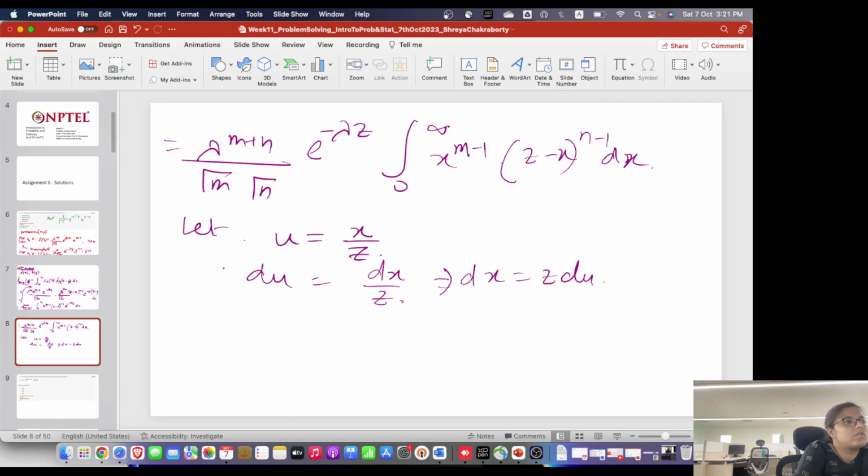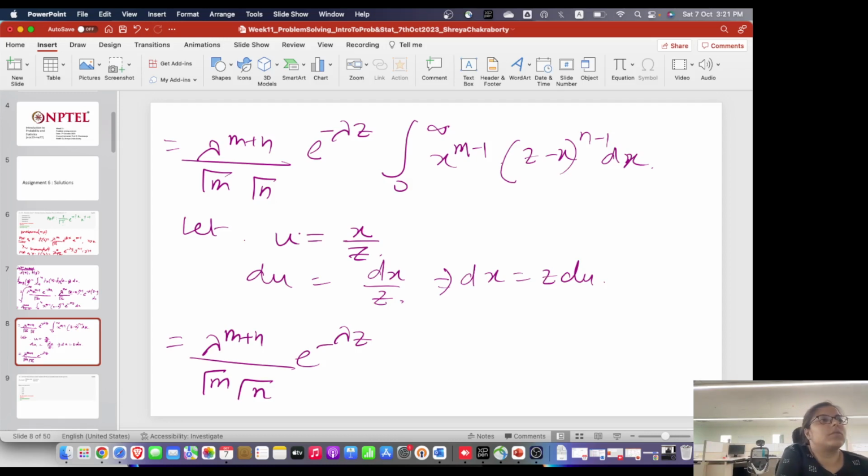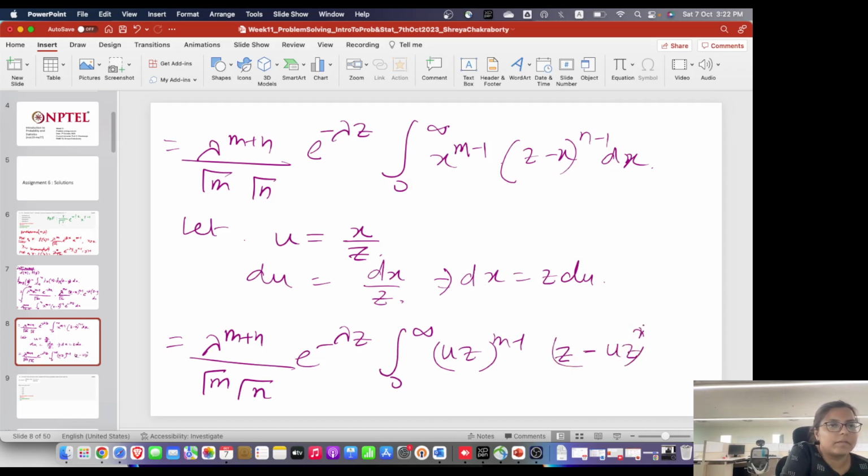So we have lambda to the power m plus n by gamma m gamma n, e to the power minus lambda z. x can go from 0 to infinity, so u can also take values from 0 to infinity. So it will be the integral from 0 to infinity, with x written as uz to the power m minus 1, and z minus x, which is uz, whole to the power n minus 1, du.